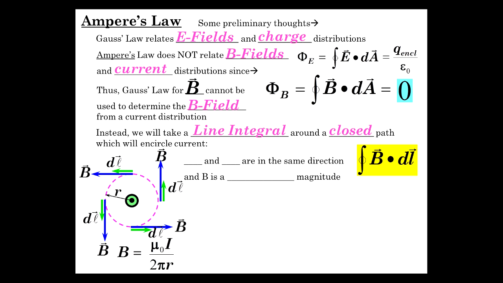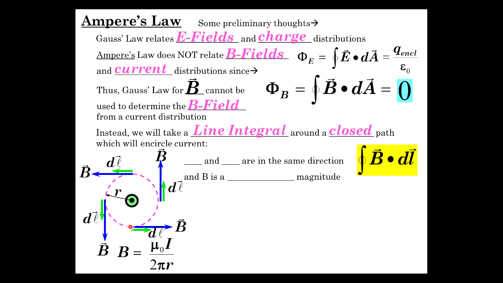Let me pause for a moment because we just learned about the magnetic field produced from a current loop. This is not a current loop. This is a line of current and the associated circular geometry magnetic field resulting from that line of current.